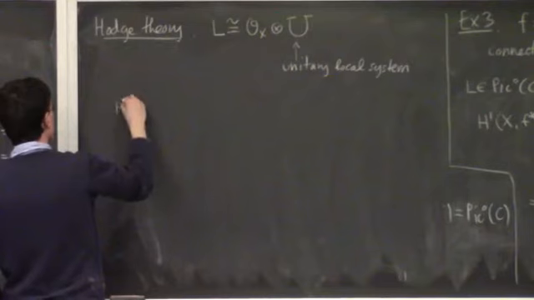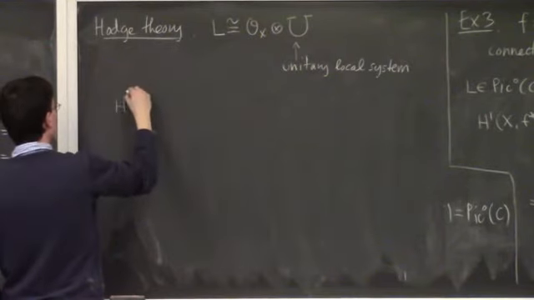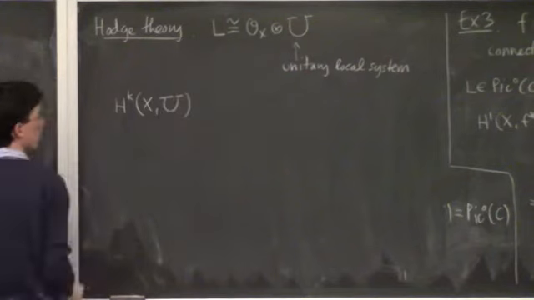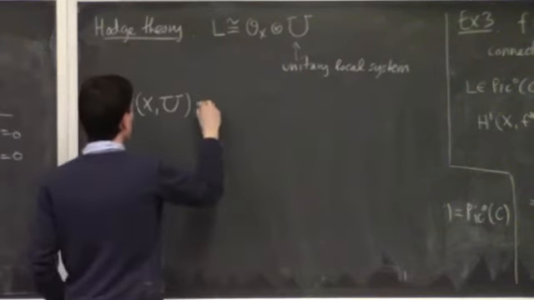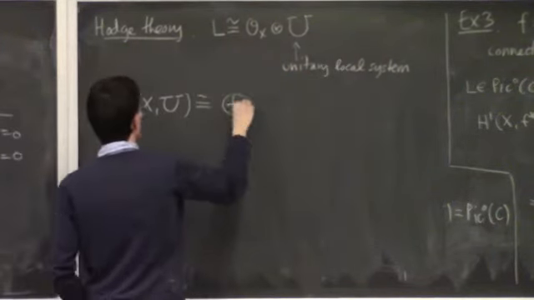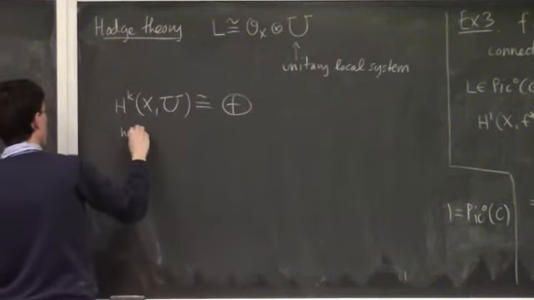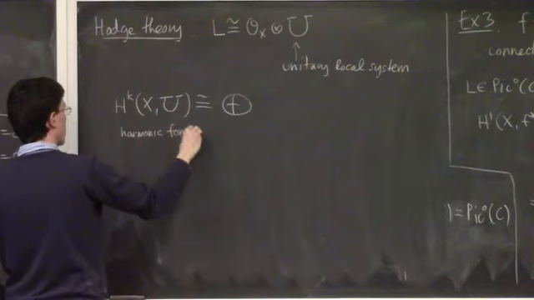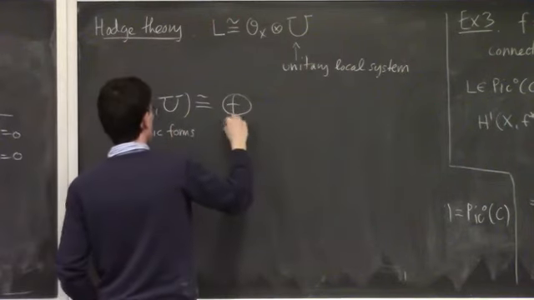So Hodge theory tells you that when you calculate the cohomology on X of this right here, then you still have a Hodge decomposition. So the classes here, they're represented by, again, some kind of harmonic forms. And you have a Hodge decomposition.